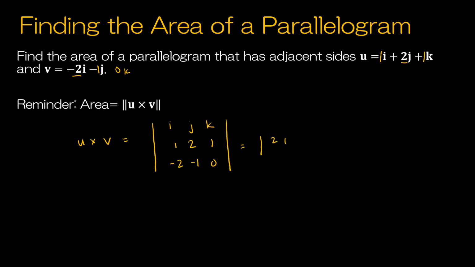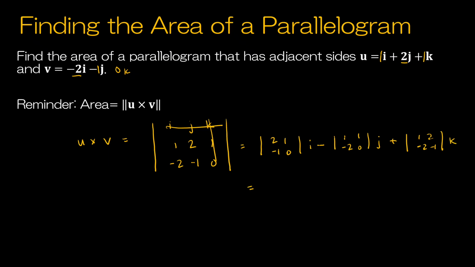So the determinant of 2, 1, -1, 0 times i, minus the determinant of 1, 1, -2, 0 times j, plus the determinant of 1, 2, -2, -1 times k.